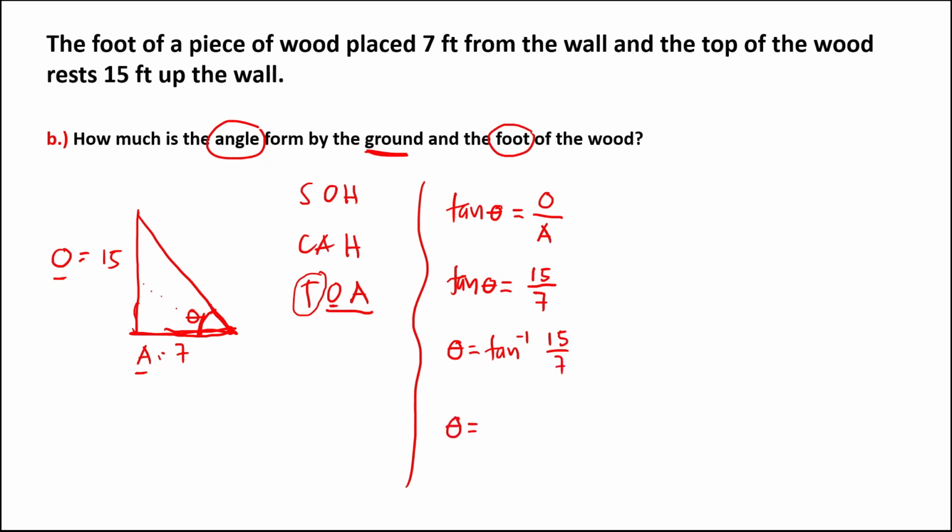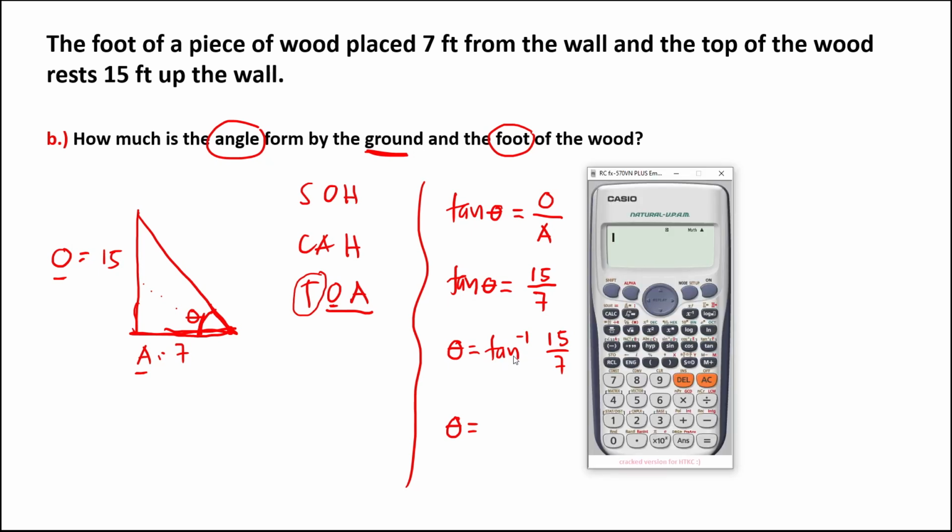Then theta equals, for this inverse tangent, we have shift, then tangent, then 15 divided by 7, close parenthesis, equals, so that's 64.98.